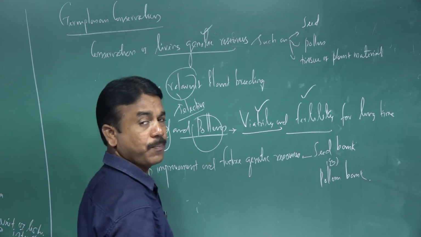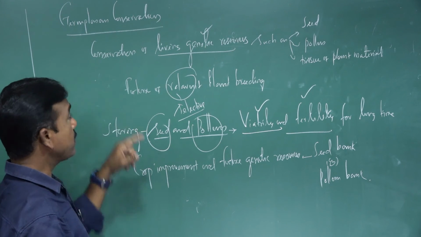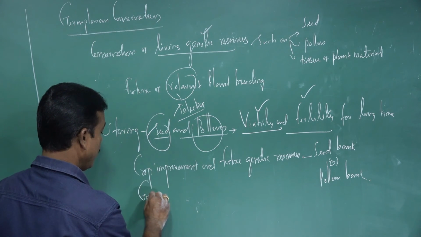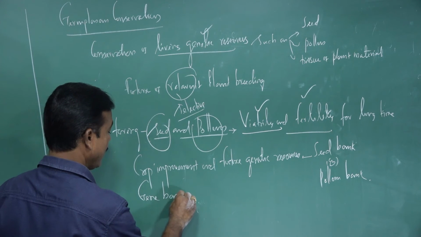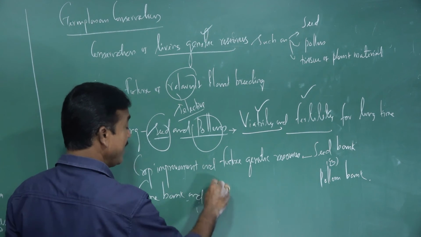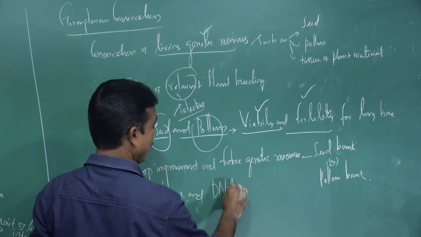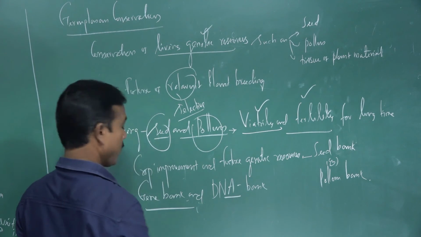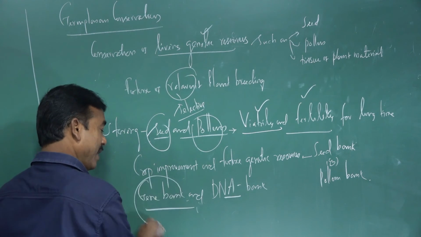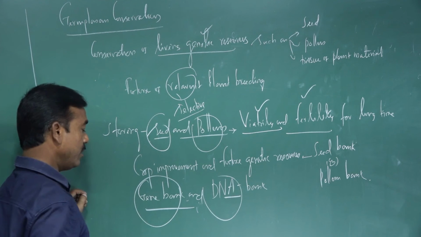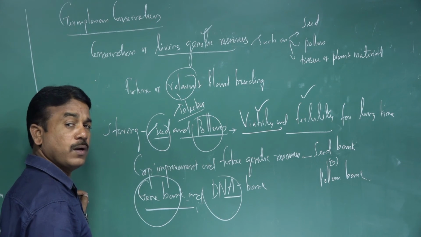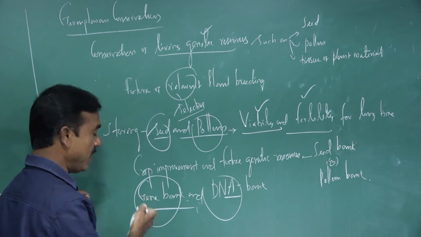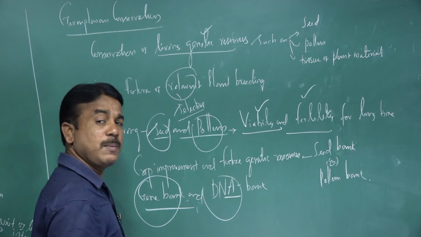In addition, germplasm conservation also involves the gene bank and DNA bank. A gene bank stores rare genetic material. Which is the rare genetic material?